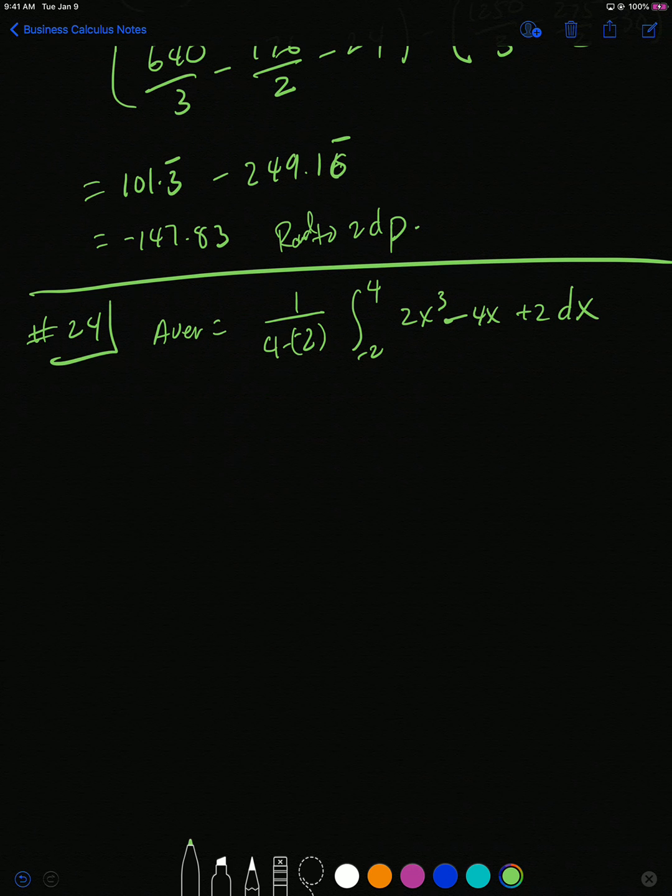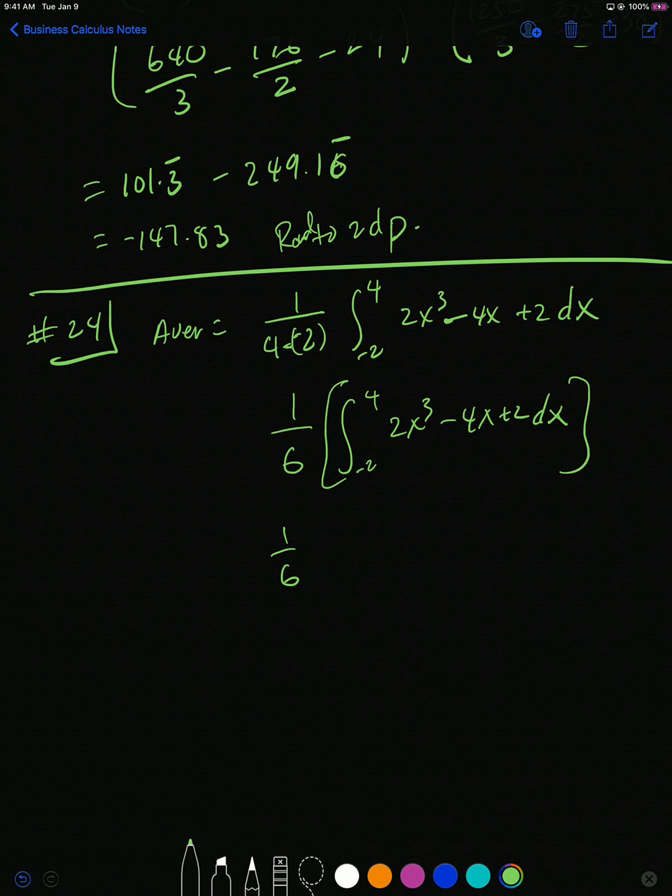A negative and a negative is positive, so that's actually 1 over 6, the integral from negative 2 to 4 of 2x cubed minus 4x plus 2 dx. You work all of this out, and then you multiply it by 1 over 6.